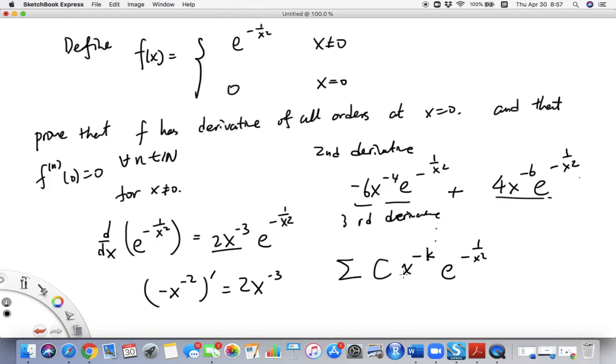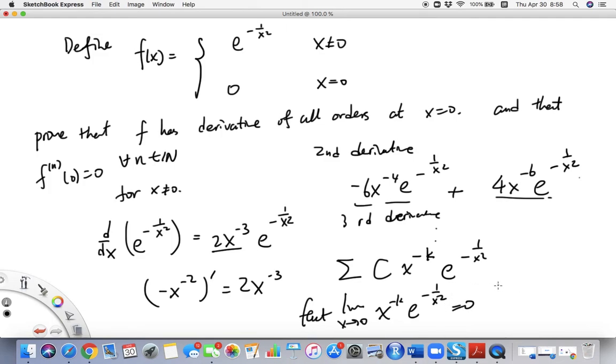So then here's a fact: x to the minus k times e to the minus 1 over x squared goes to 0 as x goes to 0.